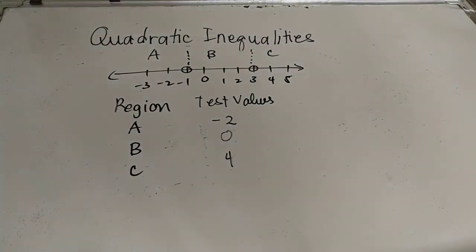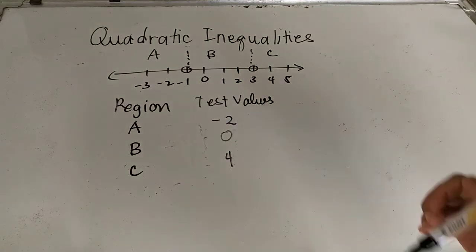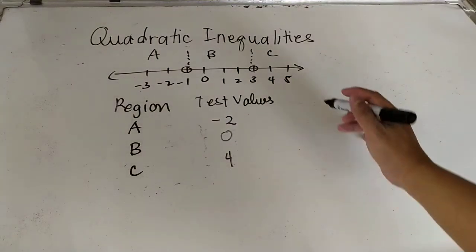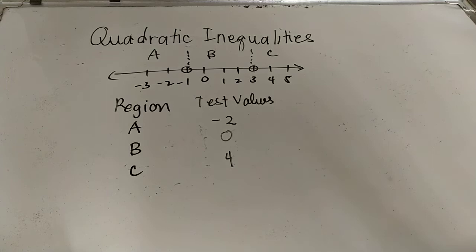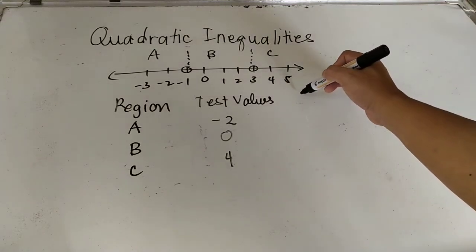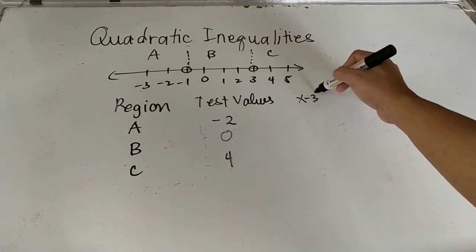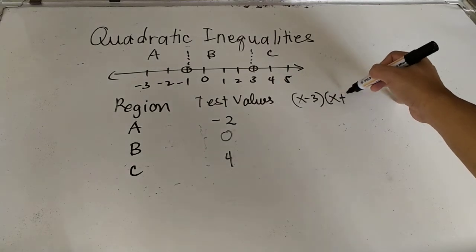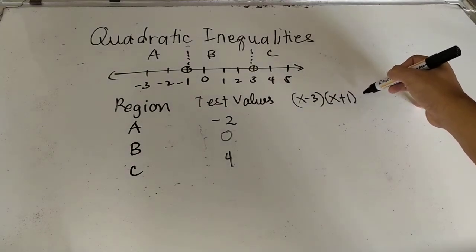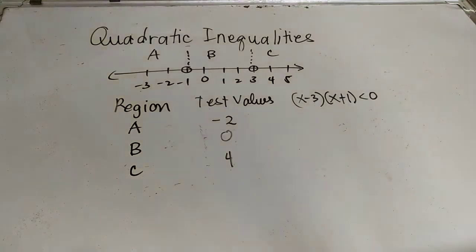So, balikan natin yung nakuha nating factors kanina. Ano nga ulit yung mga factors natin? You have x minus 3 quantity times x plus 1, that is less than 0. So, yan yung gagamitin natin.